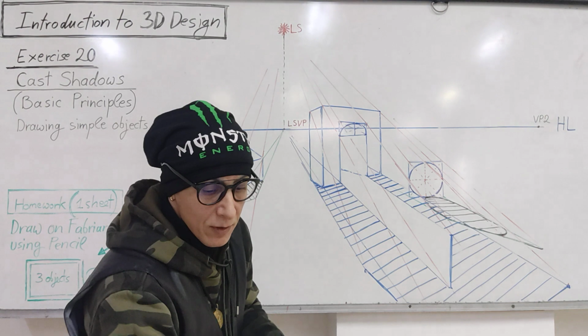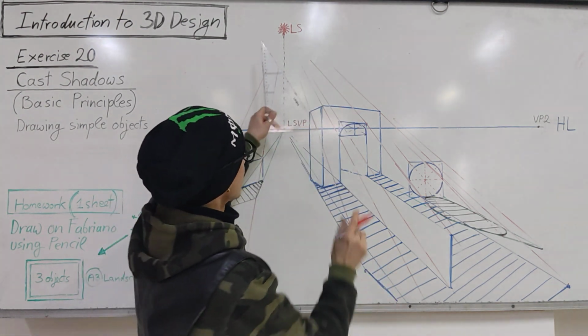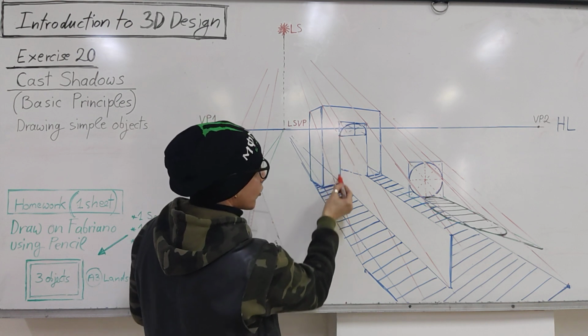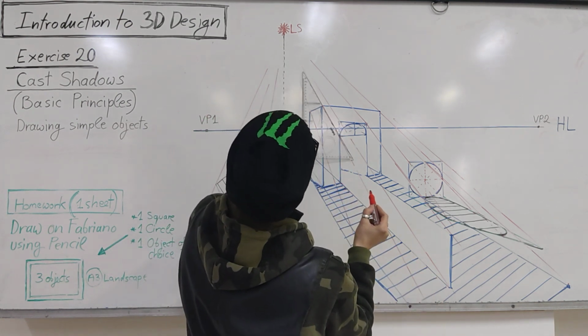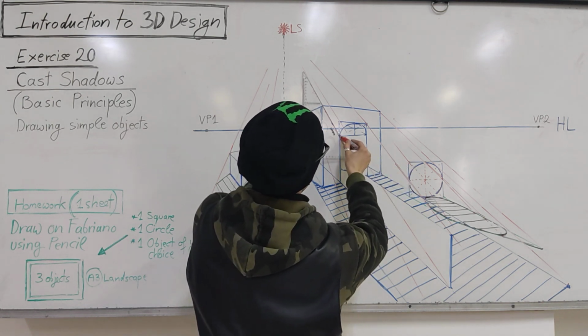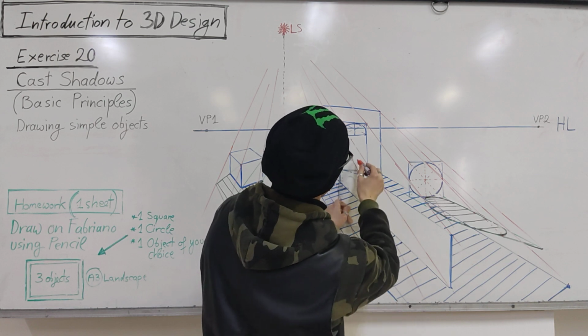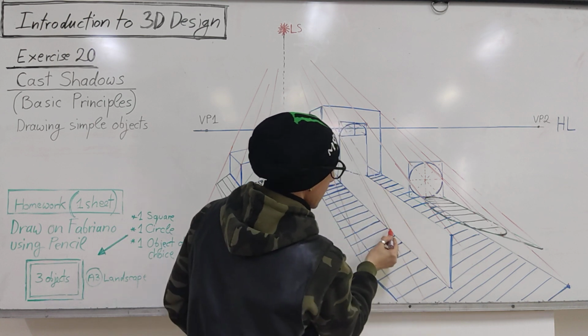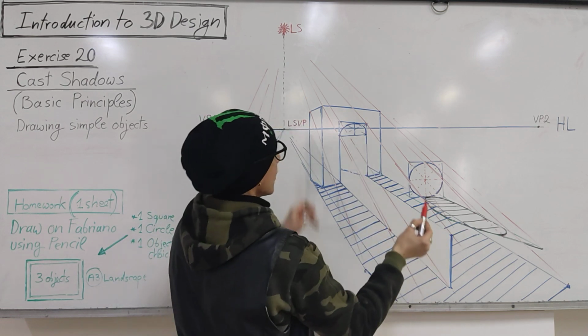Very easy. These 3 points we will put from the light source. So this point must be located on this line, which is this line. Okay? Let's put it from the light source and see. It intersects here. Now, this point must be on this line.